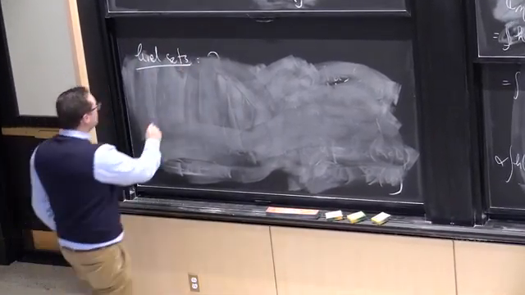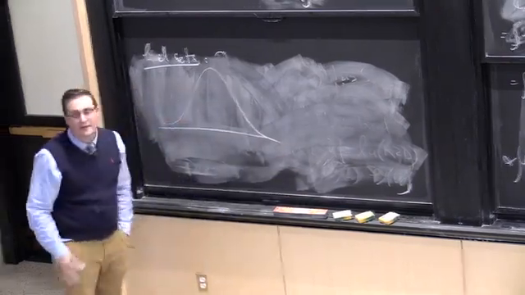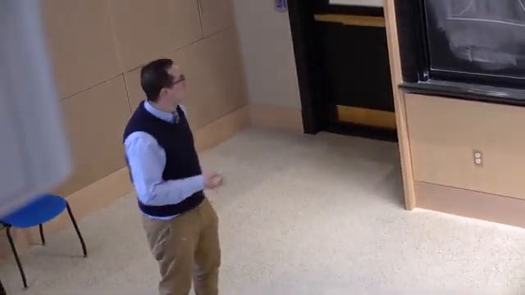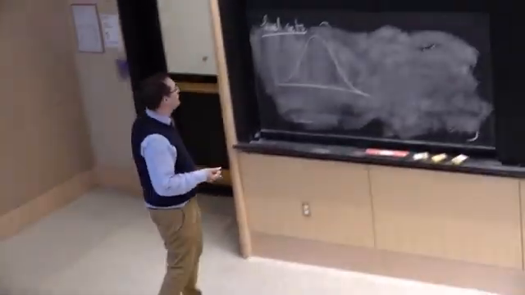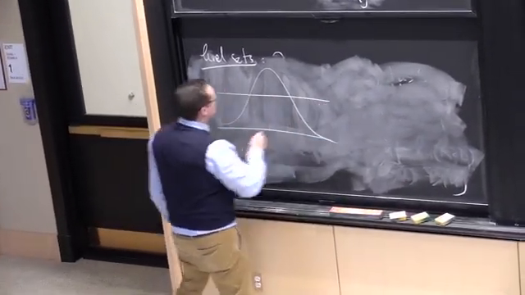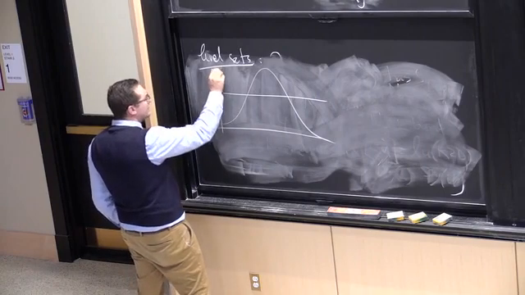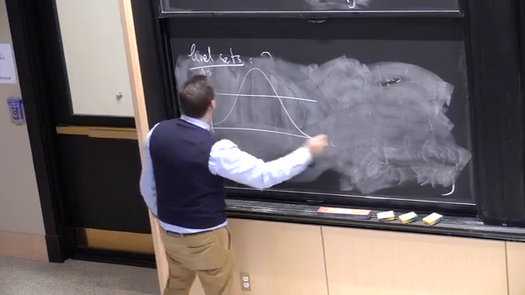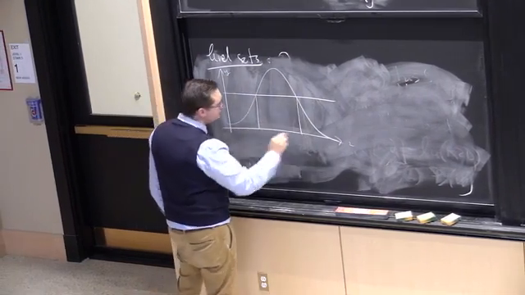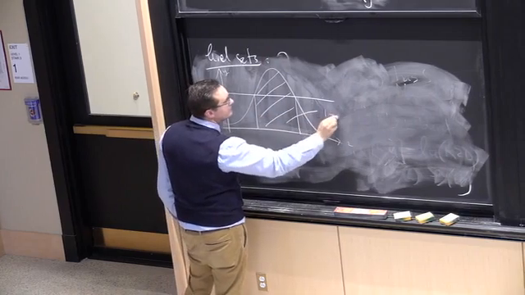So let's say my posterior looks like this. If I have a Gaussian distribution, my posterior is going to be Gaussian. What I can do is cut it here on the y-axis, so that the area under the curve when I cut here is 1 minus alpha.